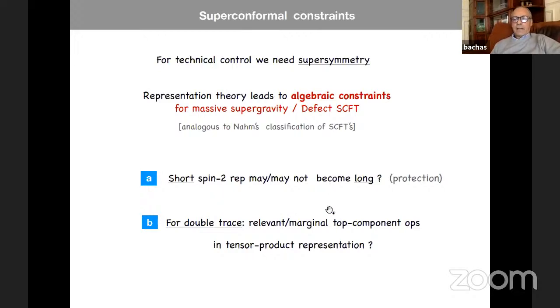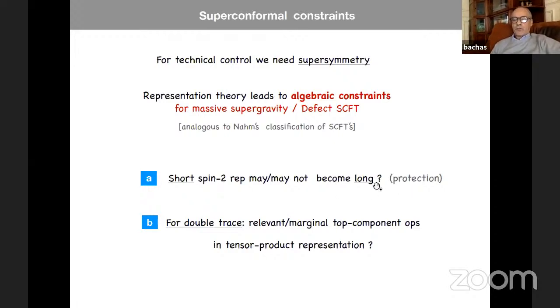In a nutshell, the reason you get these constraints is the following. First of all, the way that a spin 2 multiplet becomes massive in the language of representation theory is that whereas it was a short multiplet, it had null states due to the conservation of energy momentum, it has to combine with something to become long.